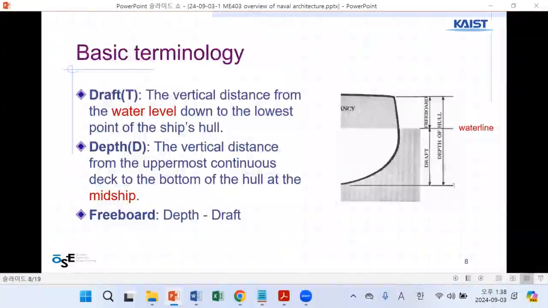Next time I will bring a small water tank to show you. Can you swim? Yes, sir. Yes. No. Because you cannot see, right?